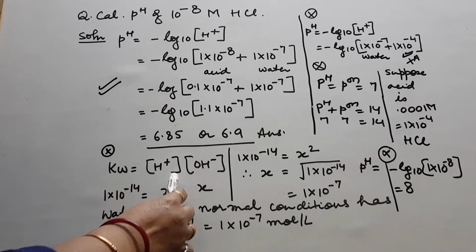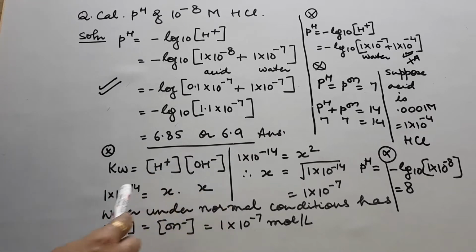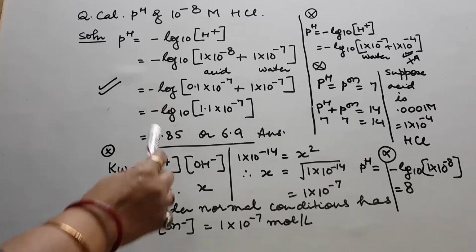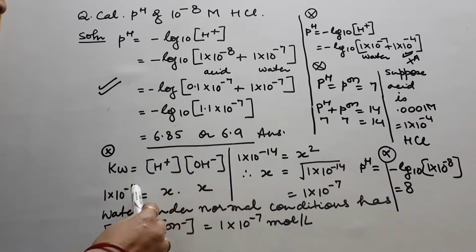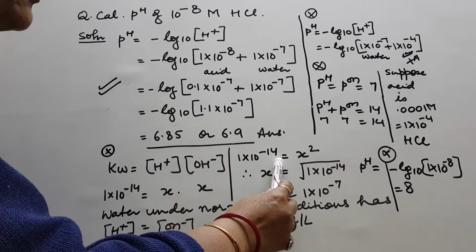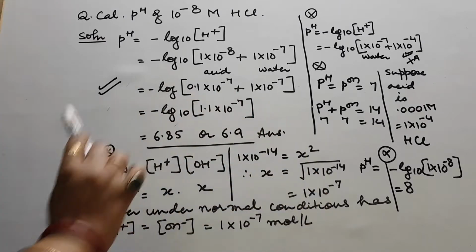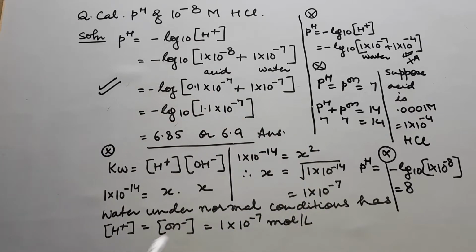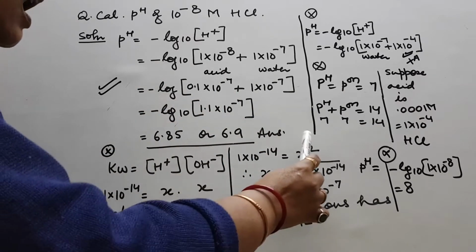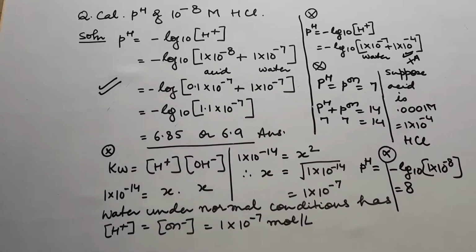Now suppose H plus is X. So OH minus will also be X. So from here if you see, 1 into 10 to the power minus 14 is equal to X square, right? From here X is equal to under root of this, which is equal to 1 into 10 to the power minus 7.